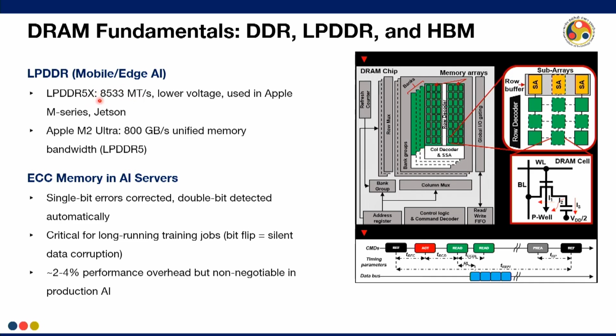In mobile and edge technologies, LPDDR5 is used, such as LPDDR5X, at around 8533, which is widely used in NVIDIA Jetson kind of devices. Another example is Apple M2 Ultra, where the total unified bandwidth gets around 800 GB per second.